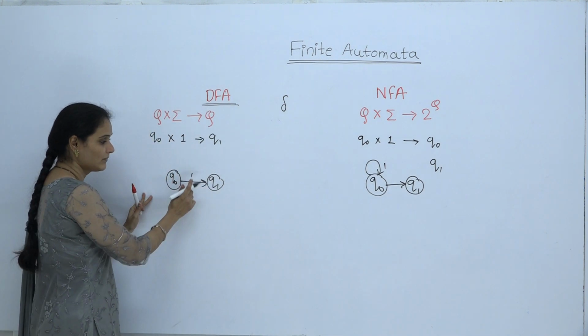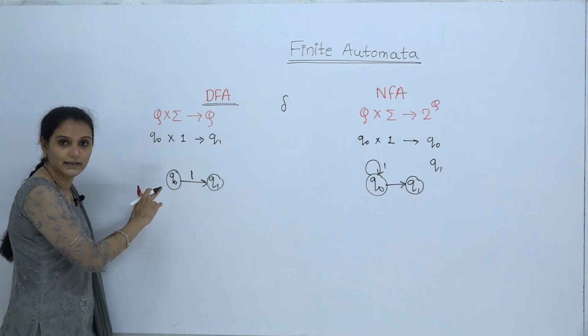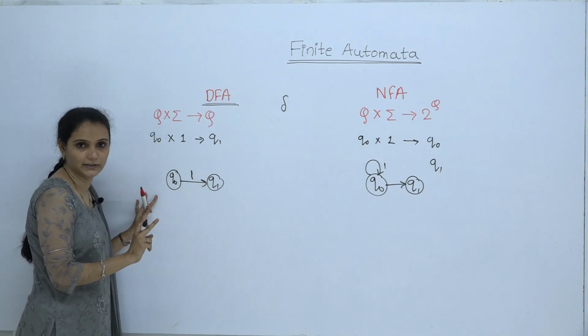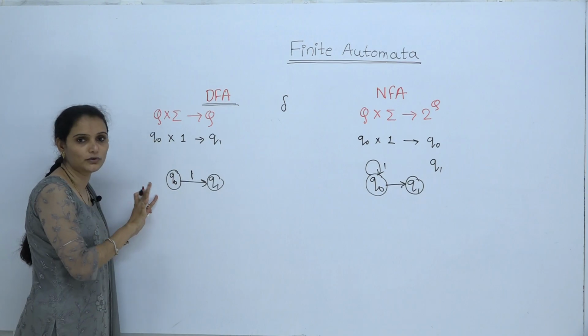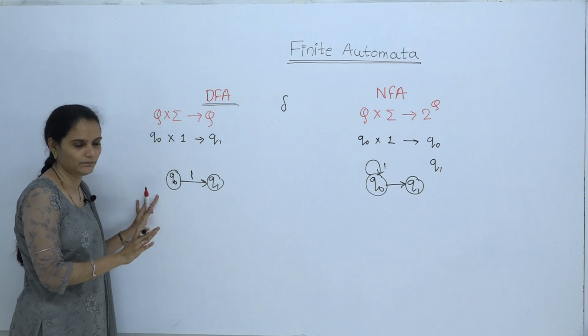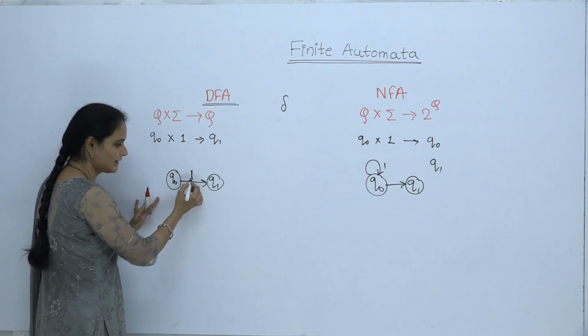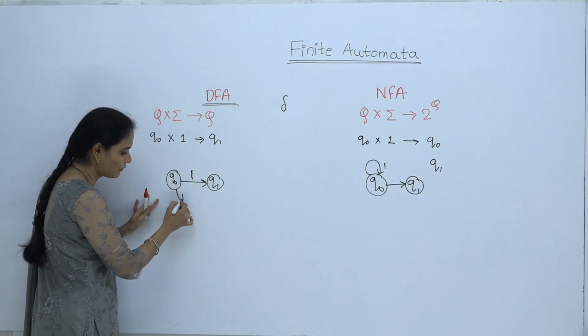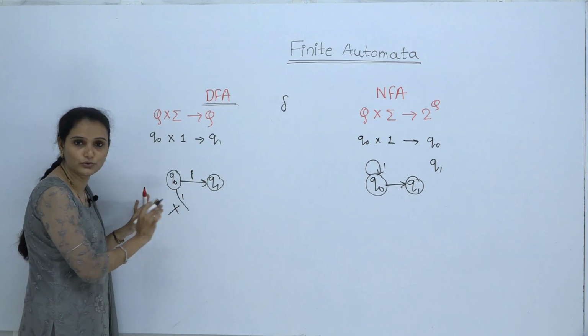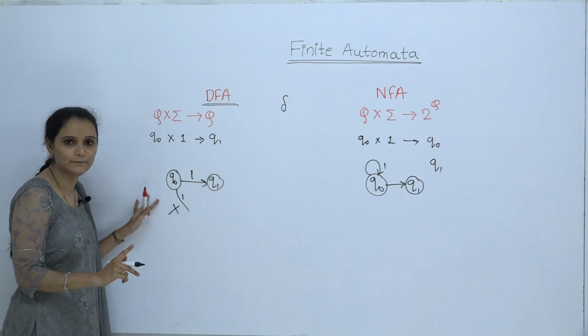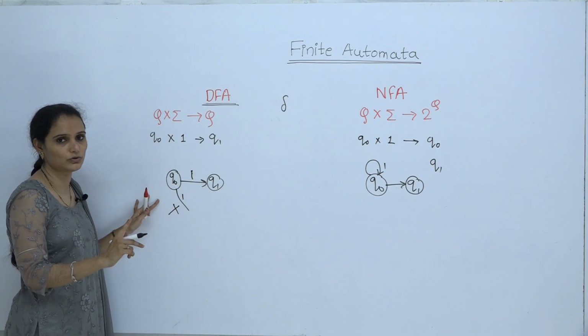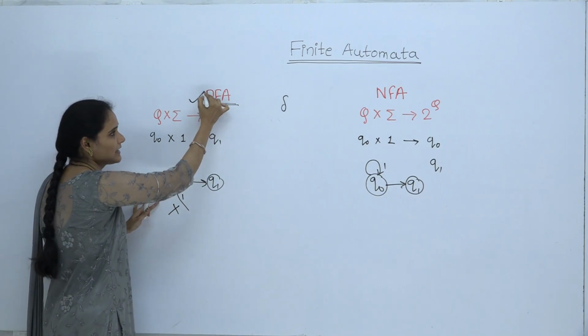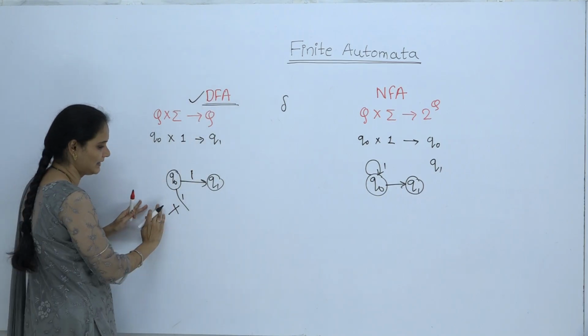In DFA, one input symbol goes to only one state. It should not go to another state in DFA. So if on one transition q0 goes to q1, then from q0 it doesn't go to any other state. Only one time a single input alphabet goes to another state; that is about the deterministic finite automata.